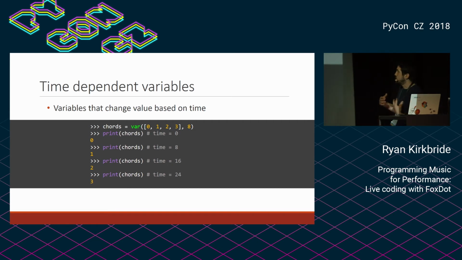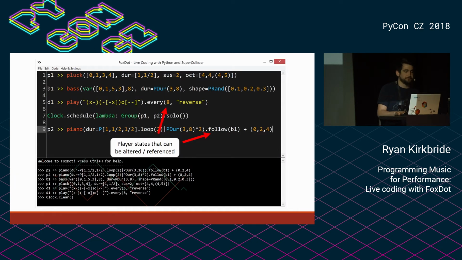So here it's going to hold the value 0, 1, 2, then 3 for 8 beats at a time. When the time in the clock is 0, and you print the value of chords, it'll just return a 0. After 8 beats, it'll change to 1, then 2, then 3, and once you get round to 32 beats, it'll go back to 0 and just keep cycling. So it's really useful for making chord sequences and things like that.